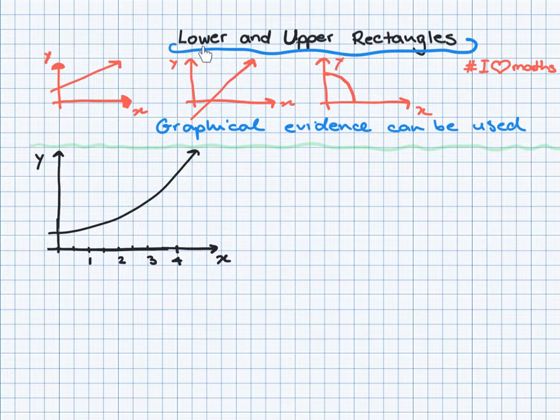Before I start, I'm going to look at some graphs that you have seen before. If you need to find the area under the line, for example in this case, between 1 and let's say 3, you may use something called graphical evidence.